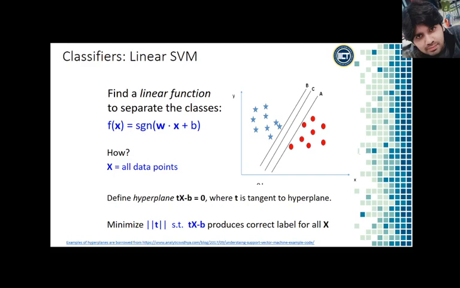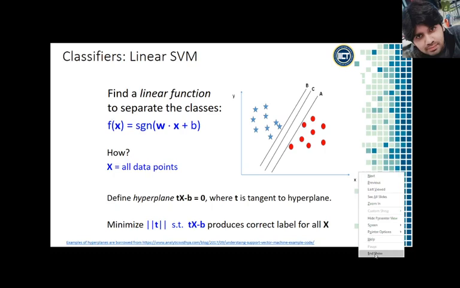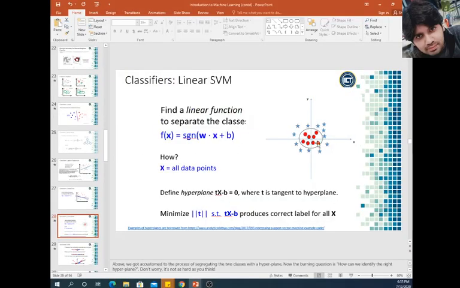So let us see the first scenario, identifying the right hyperplane.